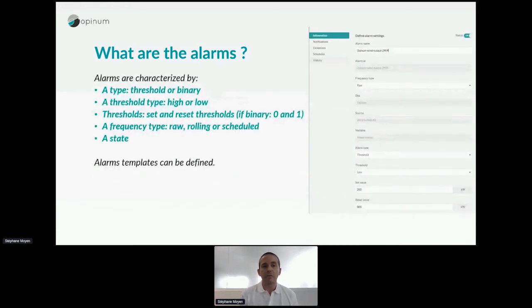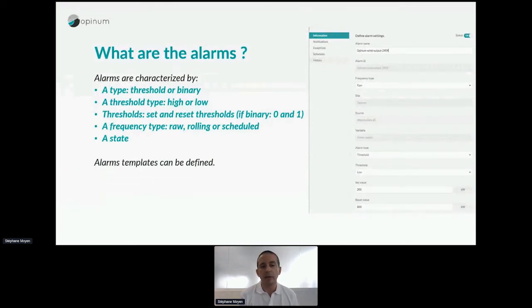So what are the alarms in details? They are characterized by a few properties. First, there's an alarm type, which is a threshold or binary-based alarm. So basically, do I have a floating threshold or a binary state, which is going to trigger the alarm?